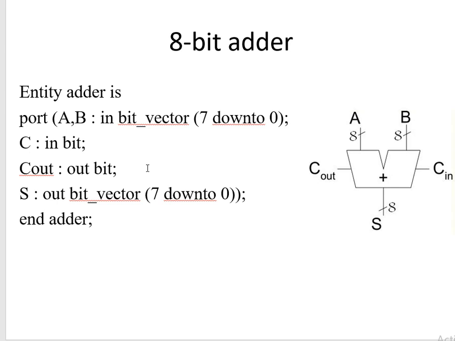Because in regular standards we have MSB bits and LSB bits. LSB bits are a lower amount of bit index, and MSB bits are higher amount of bit index. Then if we write 7 down to 0, it is very similar to MSB and LSB.